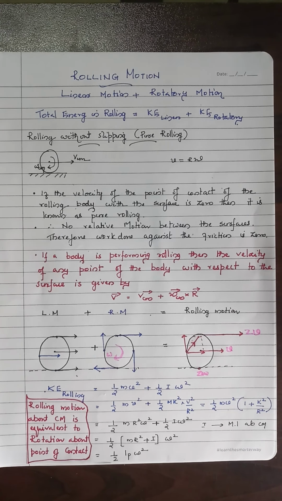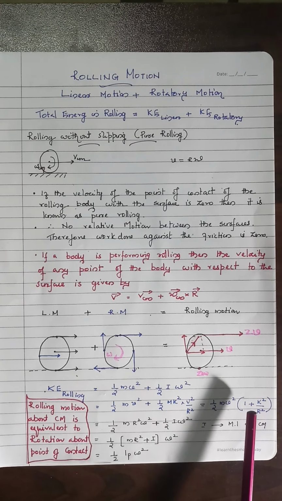While considering the kinetic energy, we can think in two different ways. If you give importance to the linear velocity, we can substitute I equal to m k square and omega equal to v square by r square. You get a very good relation: half m v square into (1 plus k square by r square).